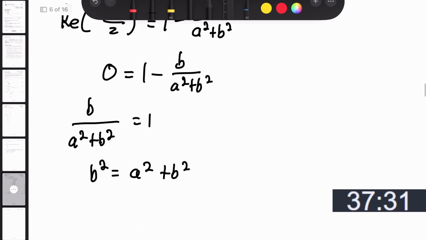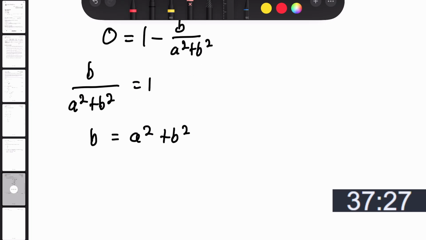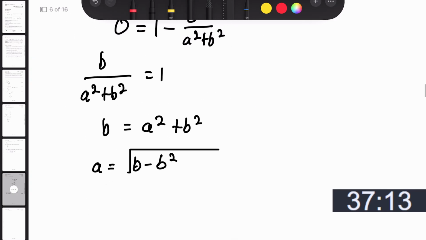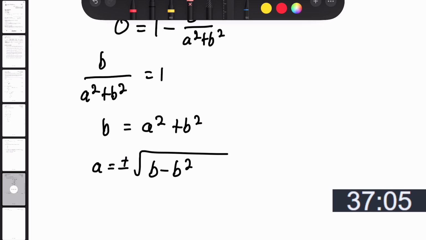Apologies. So this is just b equal to that. So then maybe I say a squared is going to equal, square root of b minus b squared. Okay. Plus or minus b minus b squared.